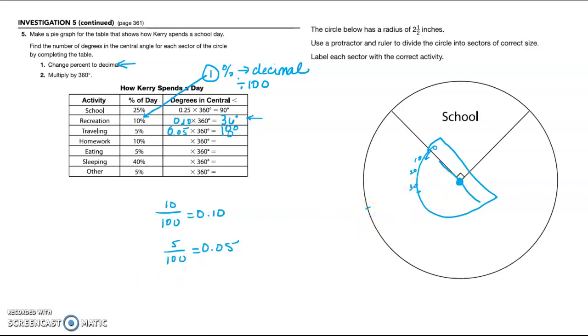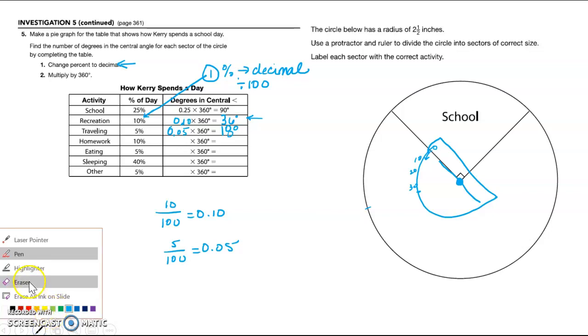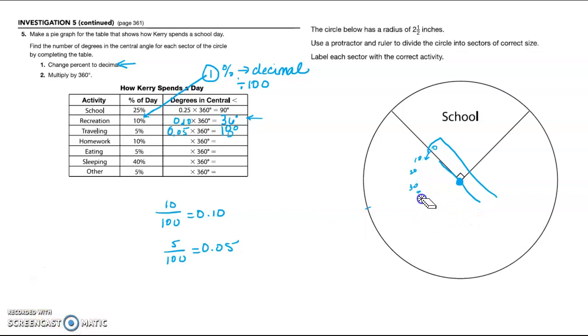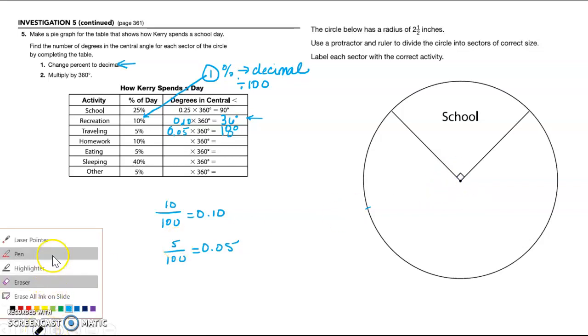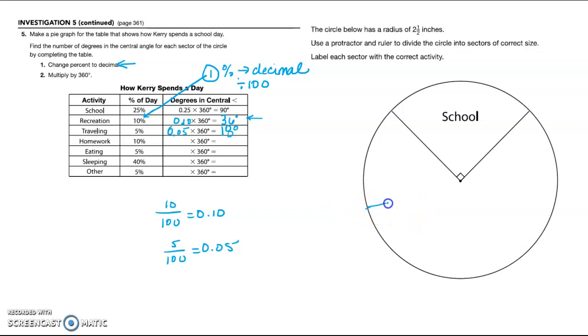Okay. And then I take the protractor away, and I draw that line. Oh, I'm going to run out of time. So this is for recreation, and this is 10%. All right, hold on for part 2.